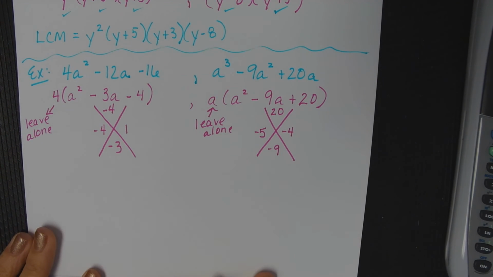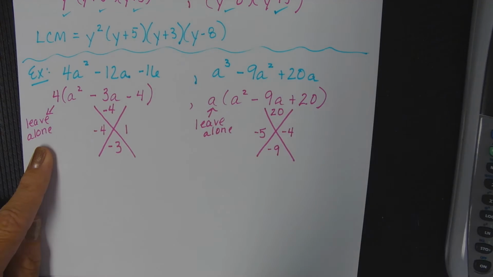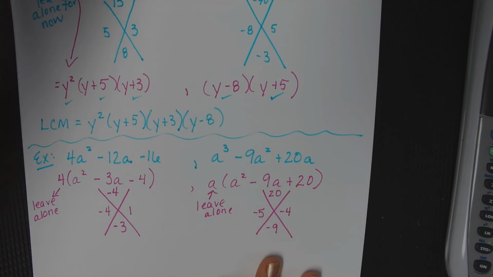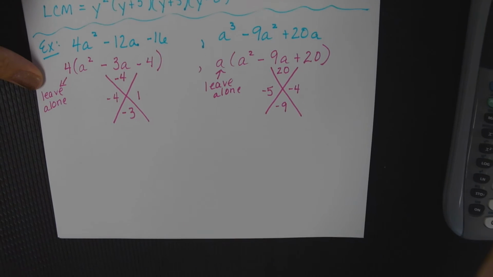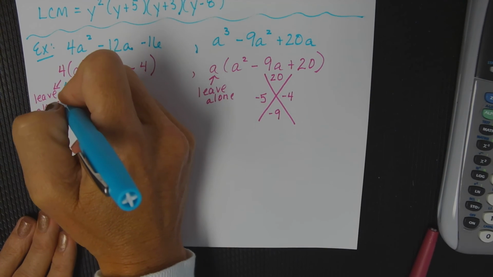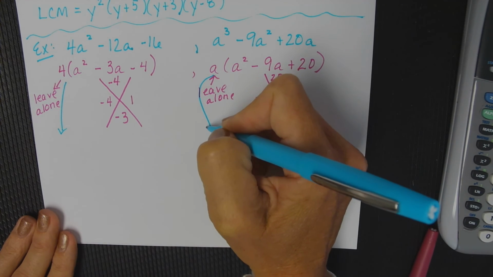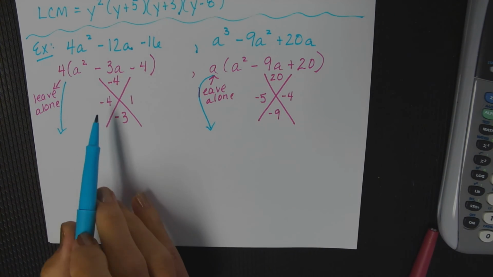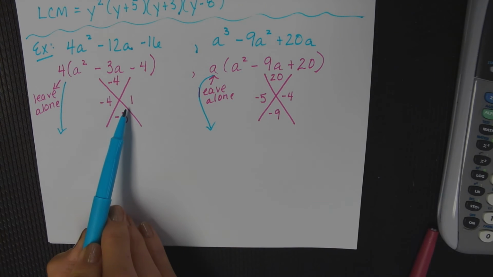We keep the 4 out. Leave it alone for now, but you remember when you write it, hold on, I brought it back down. Watch, I'll go ahead and do it. You can see the arrow. So here are my factors. If you want to check your math, you have -4 and 1.